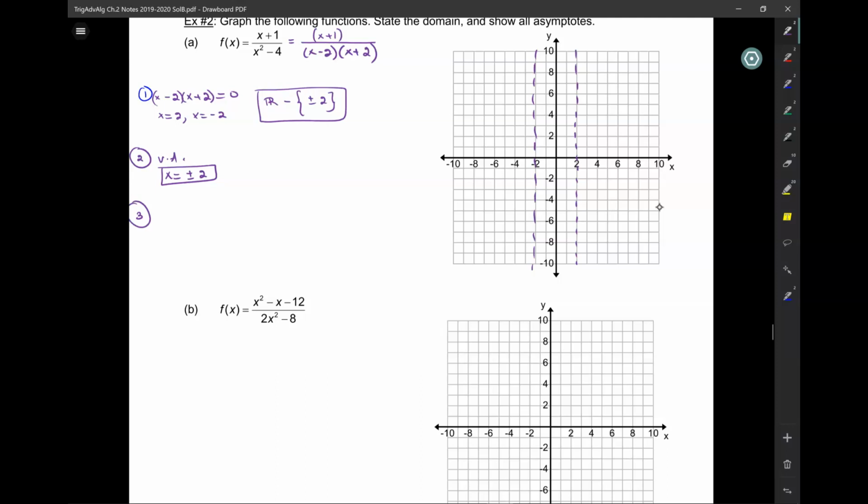Okay, next one. Number 3, let's look at horizontal asymptotes. For the horizontal asymptote, I go back to the original function before I factored, to be able to compare the degrees. x and x squared, y equals 0. Again, I don't really have to show much work because there isn't much work. It's just inspecting and comparing degrees.